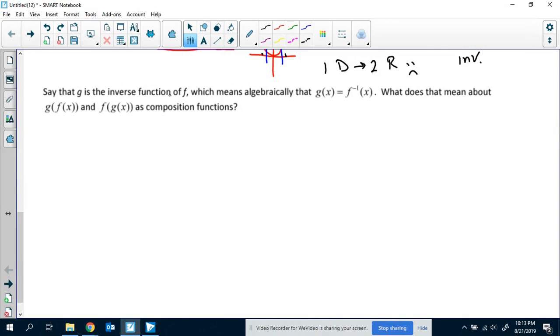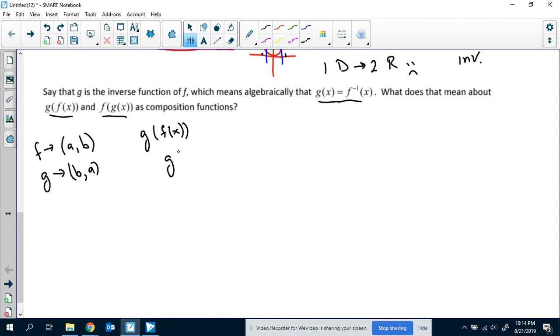Finally, say that G is the inverse of F. What does that mean about G of F and F of G? If I have G of F of X, let's recall that if I have any point on the graph of F, let's call it (A, B), then on the graph of G, these points are going to be flipped.